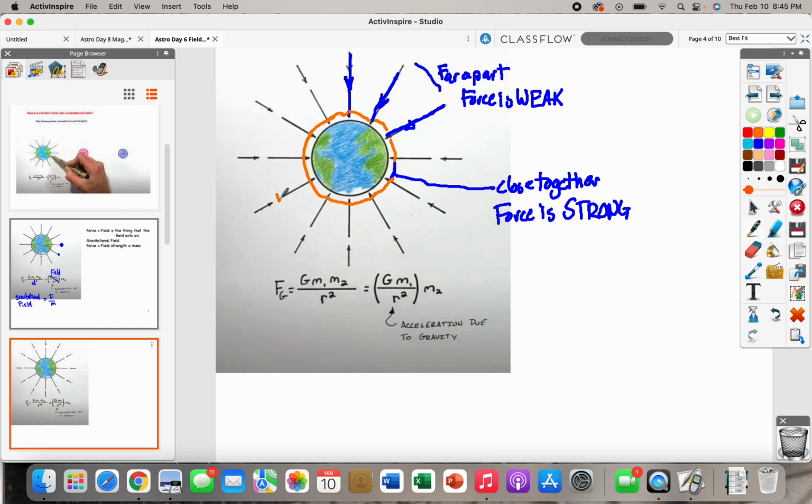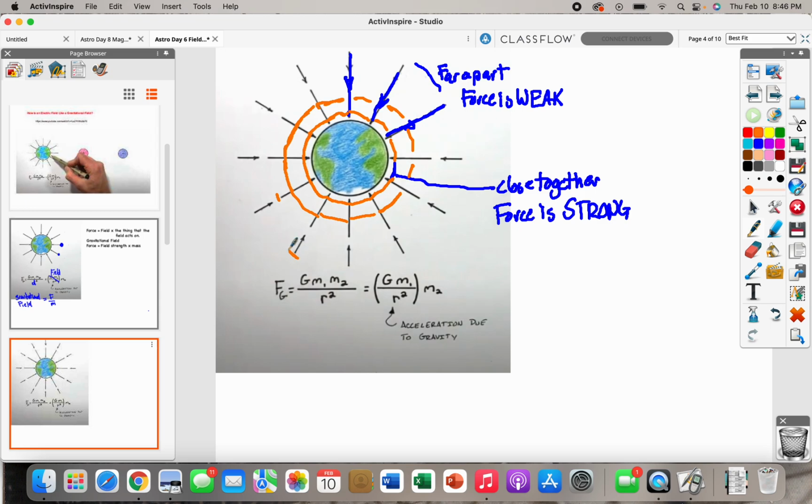Similarly, I could draw another one that was farther from the Earth. And then again, I could have some change in potential energy, so I would have a different potential energy at this height than I had at my first height. So again, I'd have a second circle going around the Earth, right?